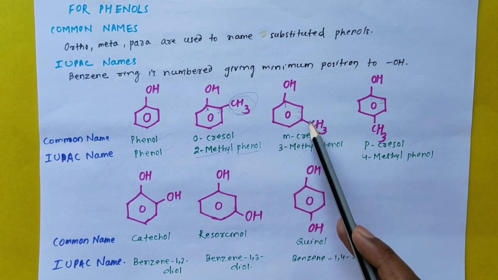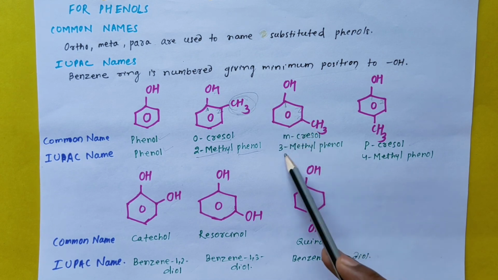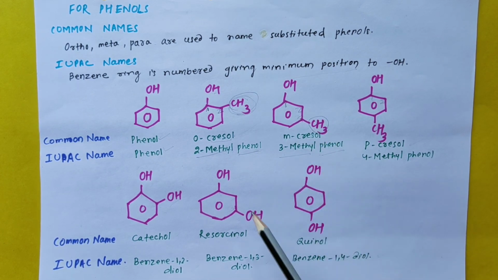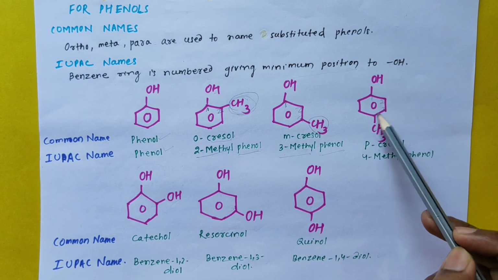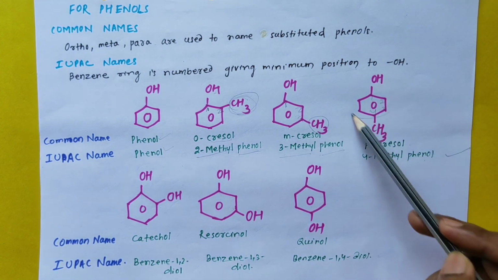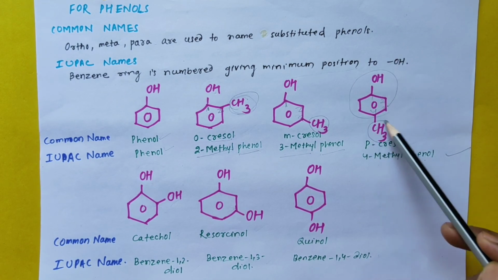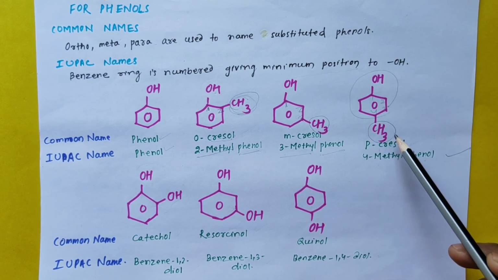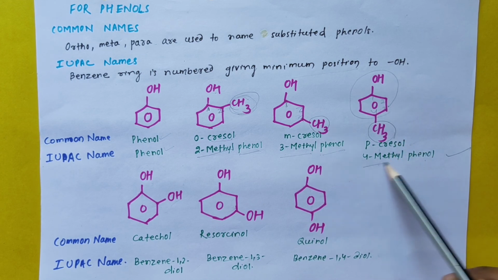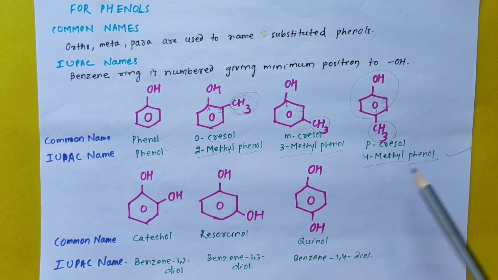So you have to come from this side. So this is 3-methyl phenol, because at the third position methyl group is present. Next 1, 2, 3 and 4. 4-methyl phenol, because this is phenol and this acts as a substituent. This substituent name is methyl. It is present at 4th carbon atom. So 4-methyl phenol. Over.